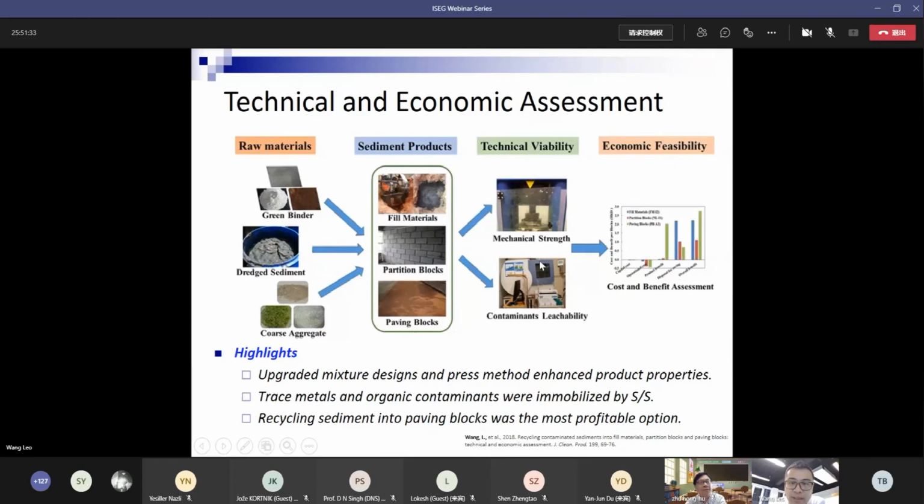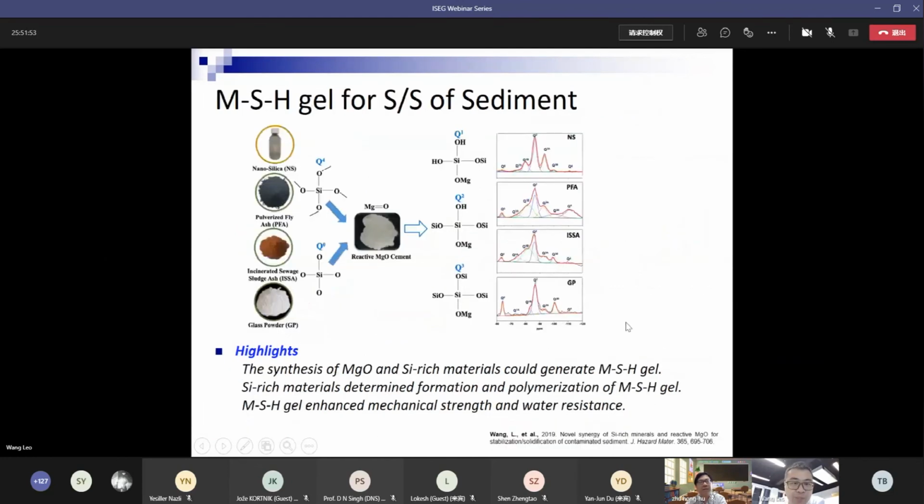We also tested the mechanical strength and leachability, and conducted the cost and benefit assessment. And we find recycling the sediment into paving blocks is the optimal scenario, because this one is the most profitable option.